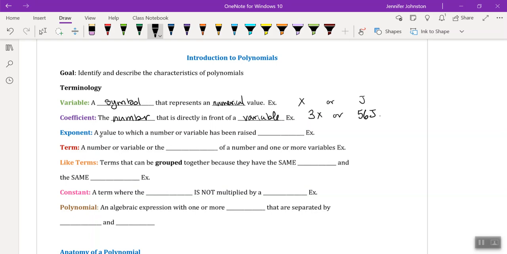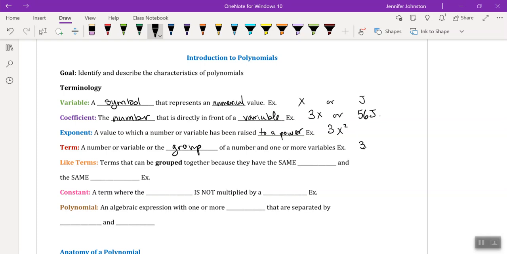An exponent is a value to which a number or variable has been raised to a power. For instance, we can have 3x squared. That would be our exponent. A term is a number or variable, or a group of a number and one or more variables.